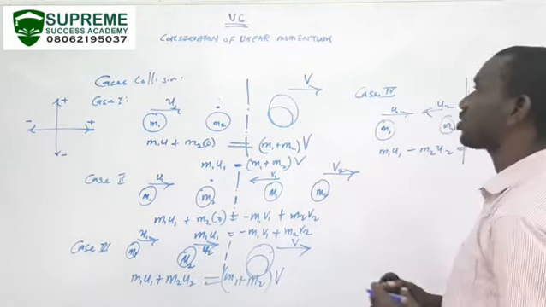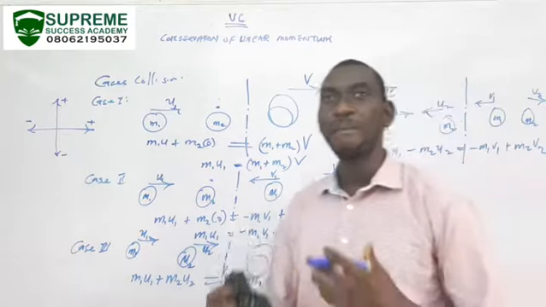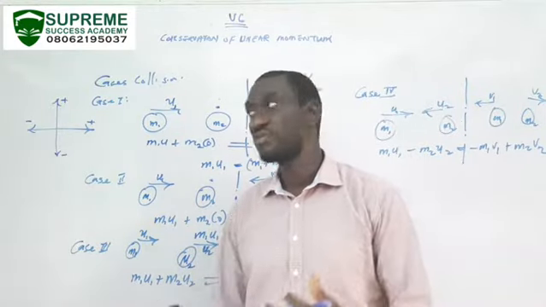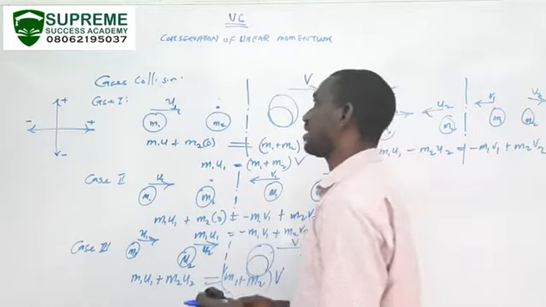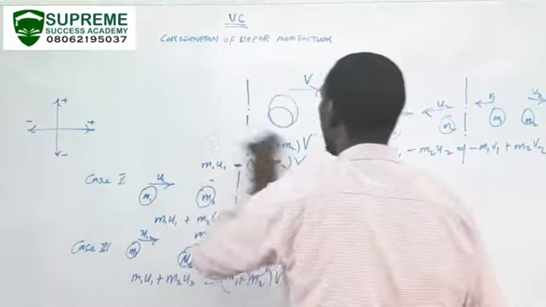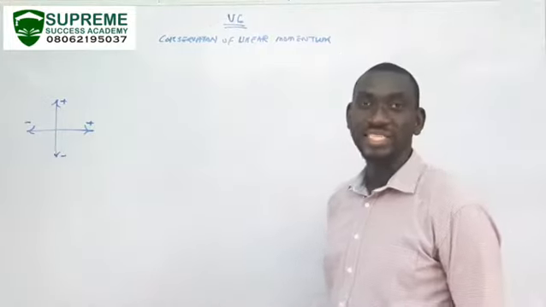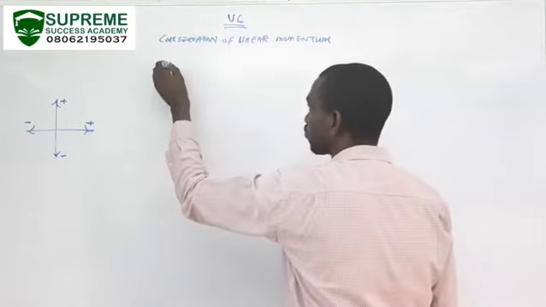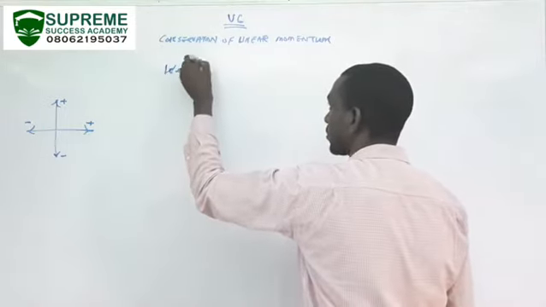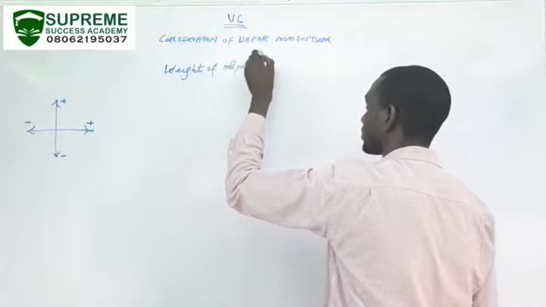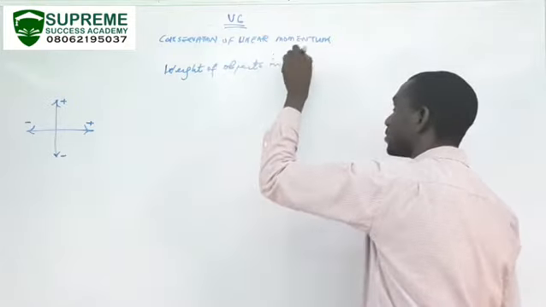Then the next thing you need to know is what happens when an object is moving inside a lift. That is another application of your Newton's laws of motion. So let's consider another application of Newton's laws of motion, and that is weight of objects in a lift.